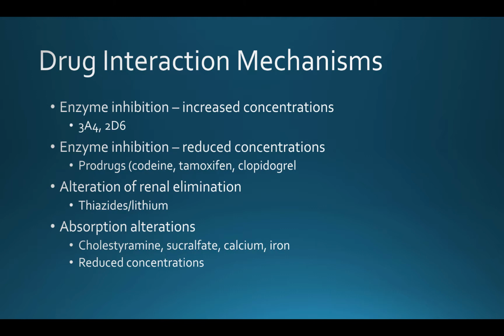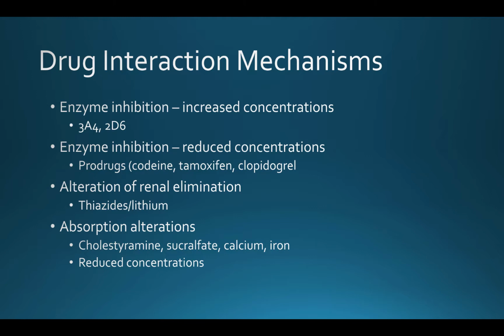Now, we can have enzyme inhibition in rare cases leading to reduced concentrations. In that type of situation, we're going to be talking about prodrugs. So codeine and CYP2D6, tamoxifen's 2D6 as well, clopidogrel 2C19. These require an enzyme to convert them to the active form.